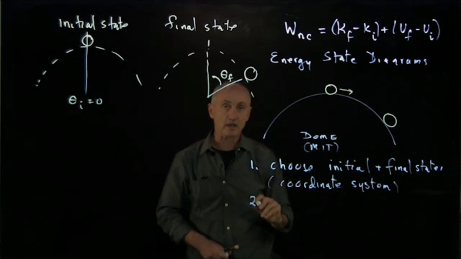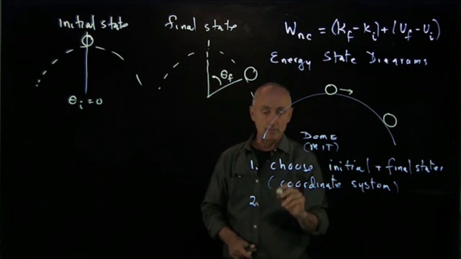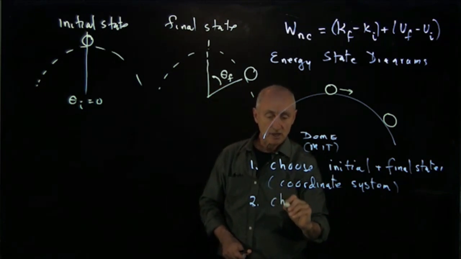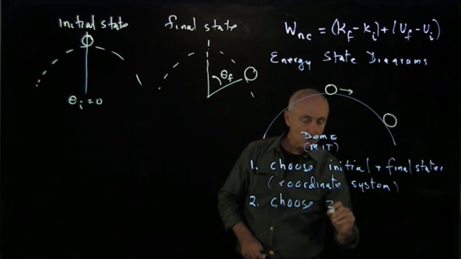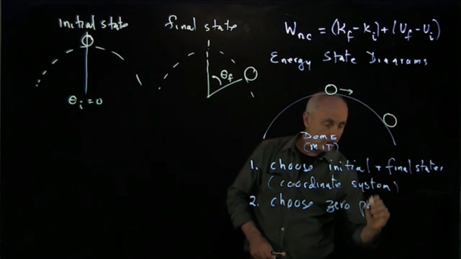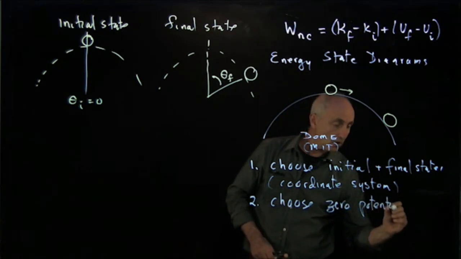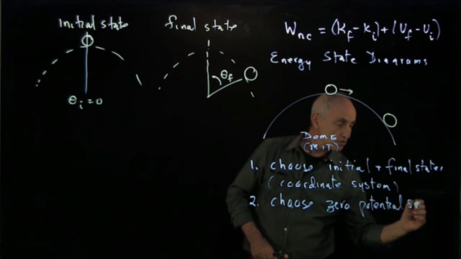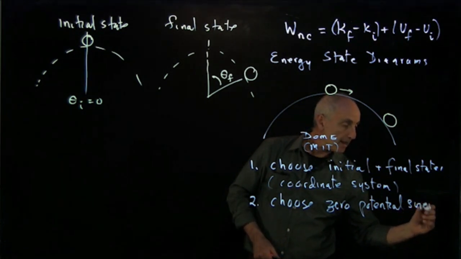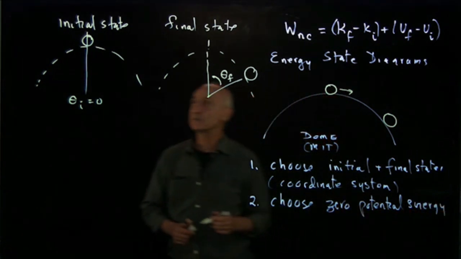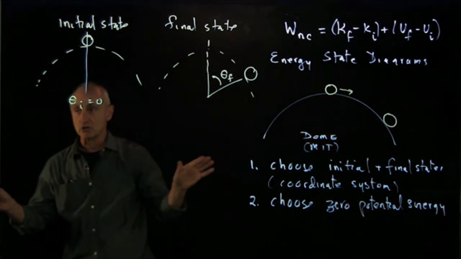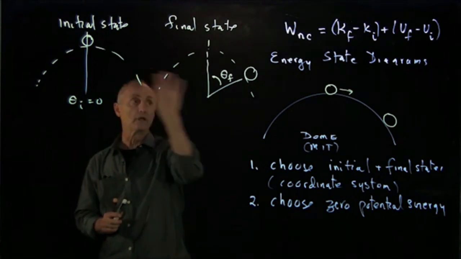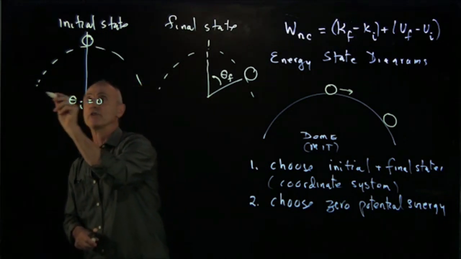Now, the important thing that we'll do in the energy diagram is to choose our 0 potential energy. Where are we going to choose this? So we could say either a surface, we'll call that potential energy. And in this diagram, I can choose my 0 for potential energy anywhere I want, but I want to draw it on my initial and my final states.